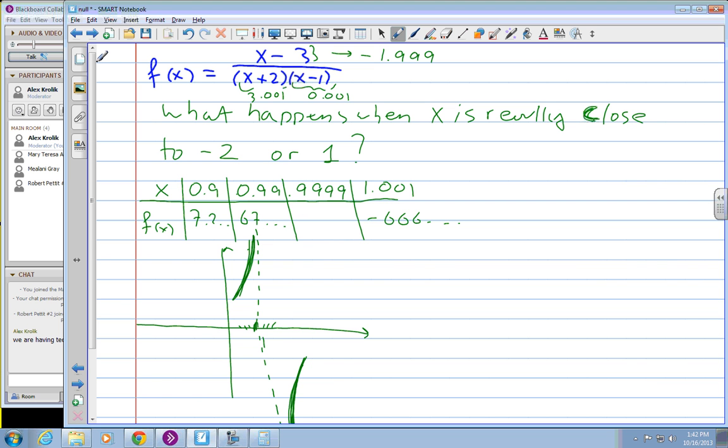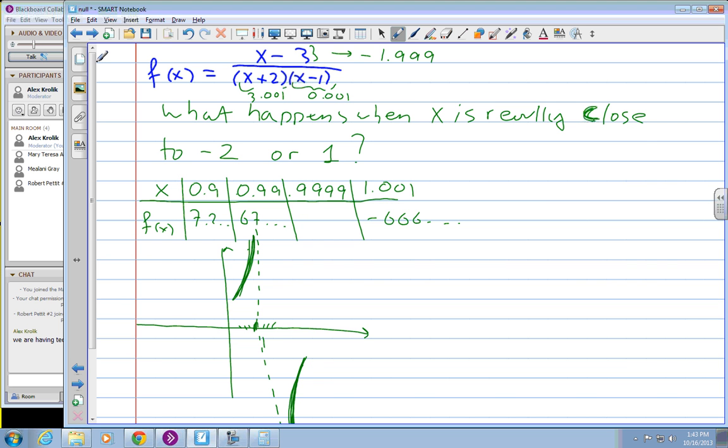If you take a value for x that's less than 1 and plug it in, the numerator will be negative. Something slightly less than 1 minus 3 is always going to be negative. In the denominator, something positive plus 2 is positive, and then something less than 1 minus 1 is negative.